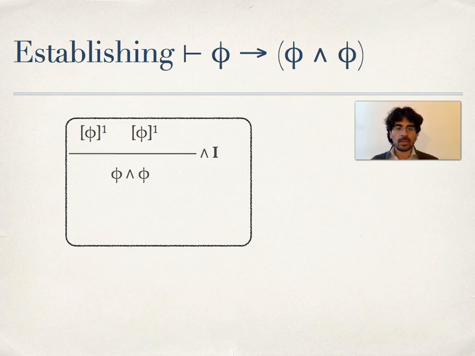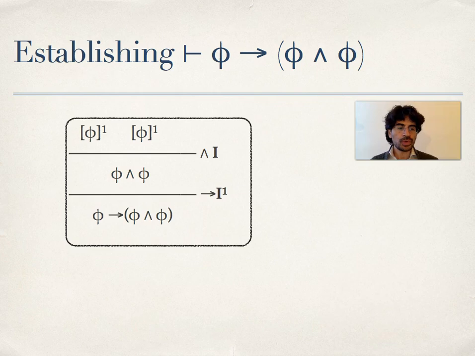Now, we can use the rule for conjunction introduction to write phi and phi. So this is a straightforward application of the rule for conjunction introduction. And then we can apply the rule for implication introduction. And in doing that, we discharge our assumption phi, and we can write the implication phi implies phi and phi.